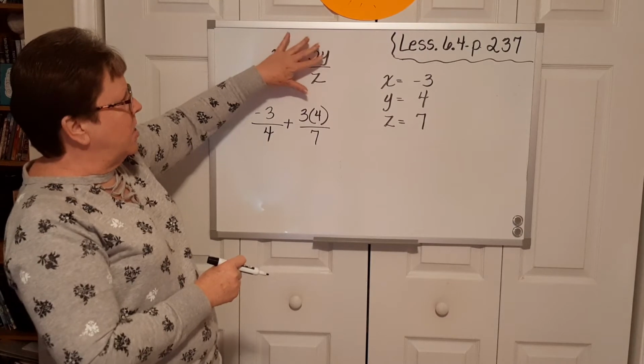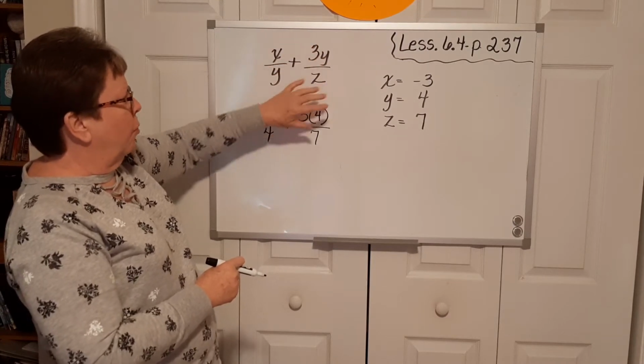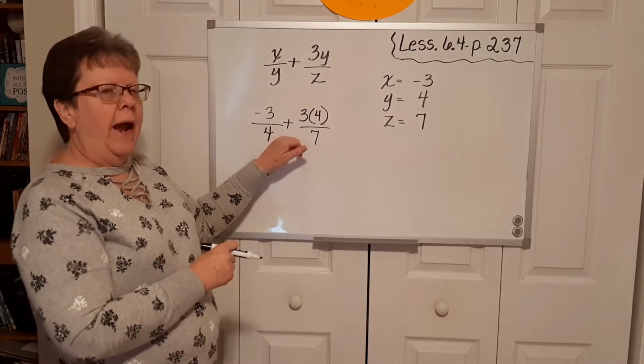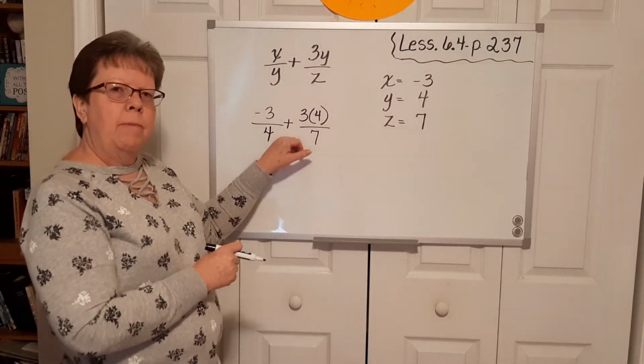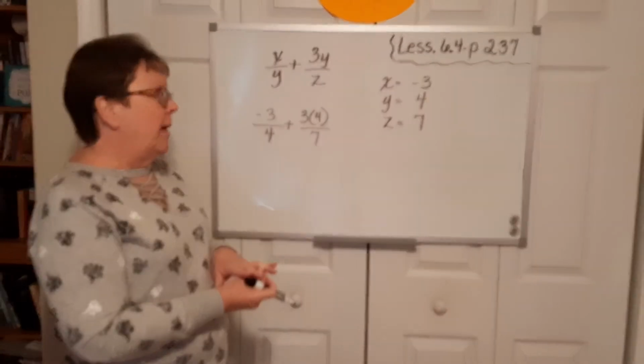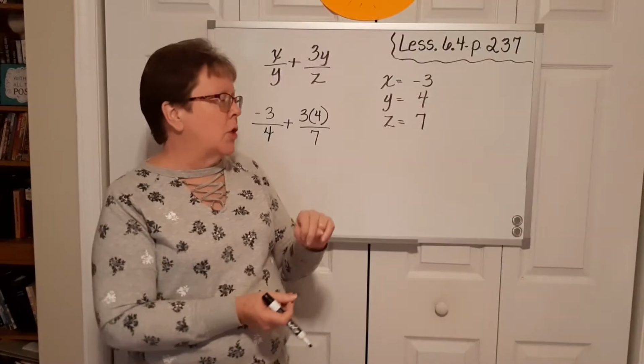So the only thing we've done so far is replaced our variables with what their value is. Now you remember also when you add fractions, they have to have the same denominator. And so you've got to find the least common multiple, which will be the least common denominator. Now, you remember I've taught you 2 ways to do that.